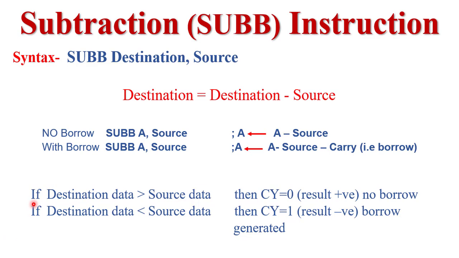First condition: if destination data is greater than source data, then the result is positive, there is no borrow, so the carry flag bit of the PSW flag register is set to 0. Next condition: if the destination data is smaller than source data, then the result is negative, a borrow is generated, so the carry flag bit of the PSW flag register is set to 1. So these are the conditions of the subtraction instruction.